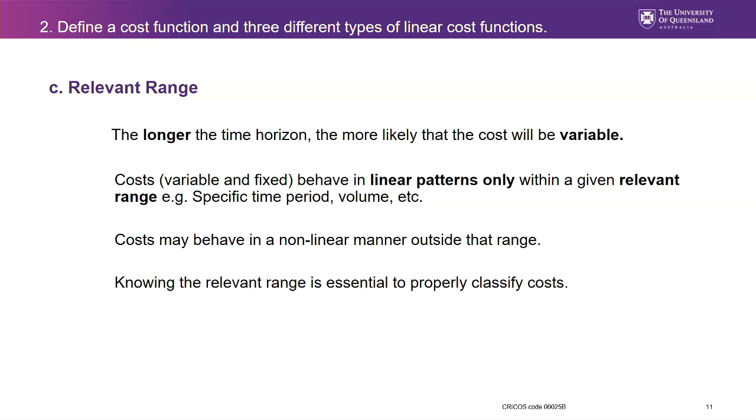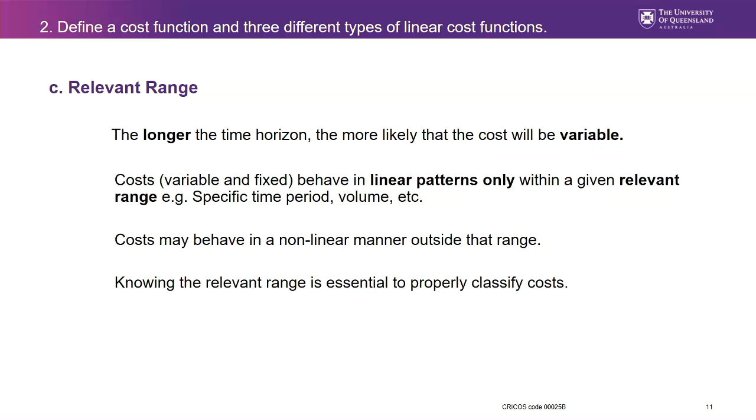Remember I told you that a fixed cost will be fixed for a relevant range. We talked about a cost being fixed between 0 and 200 units that we produce. But it's also important to know that the longer the time horizon, the more likely the cost will become variable.